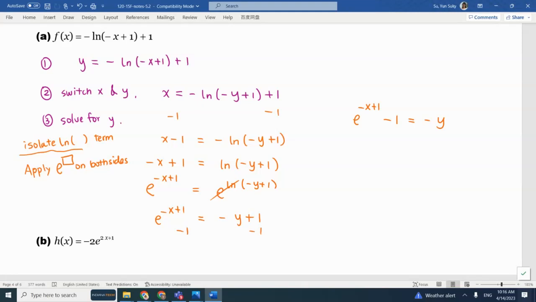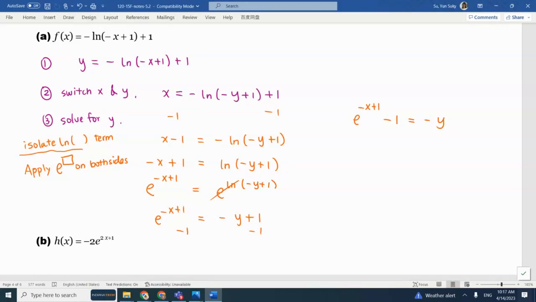Questions? Can I subtract this one and get it to cancel? No, because this is on the exponent, right? Everybody, this is on the exponent, and this is not on the exponent. We cannot cancel them. Okay, everybody?